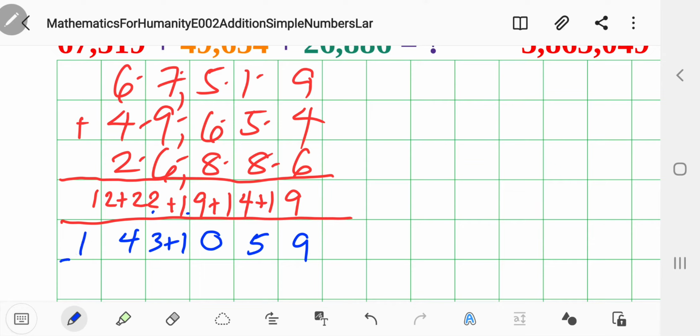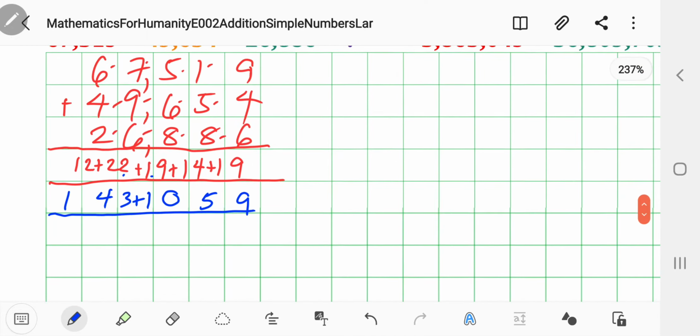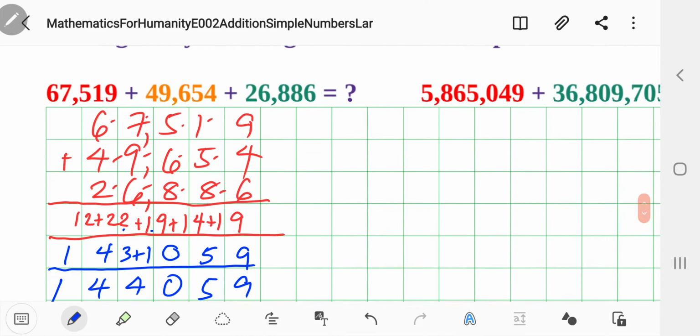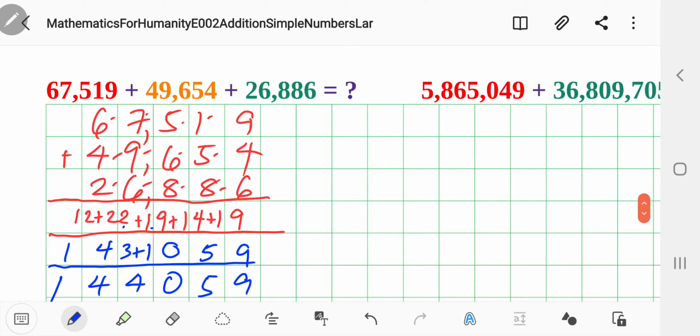So finally, our answer would be 9, 5, 0, 4, 1. So our answer for adding 67,519 plus 49,654 plus 26,886 is 144,059. So that is our answer.